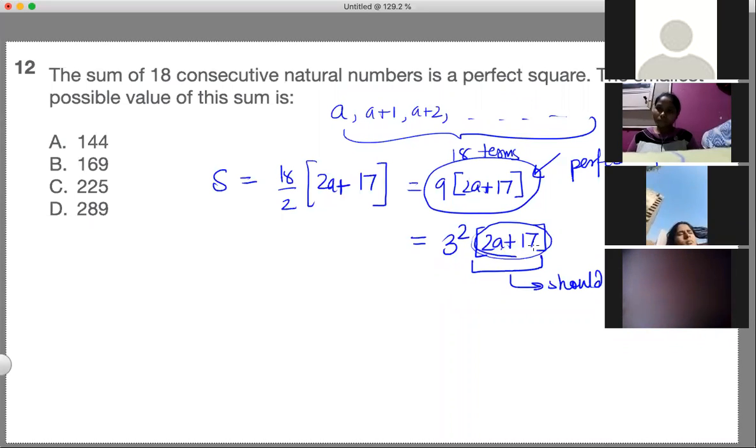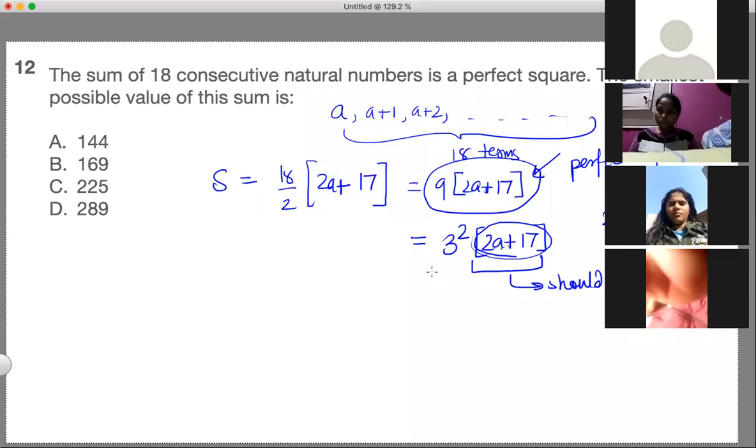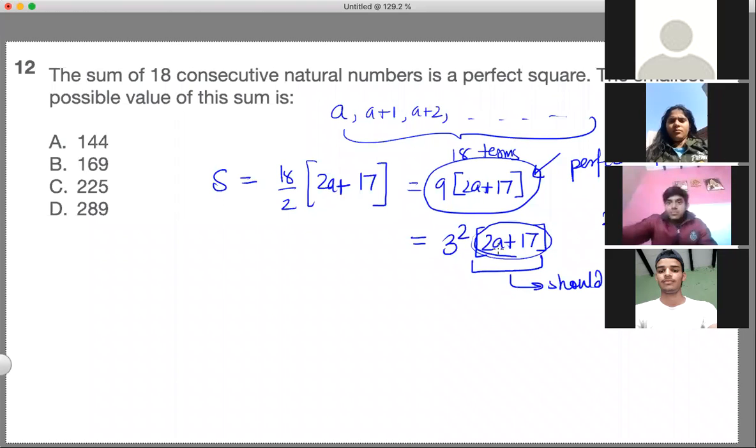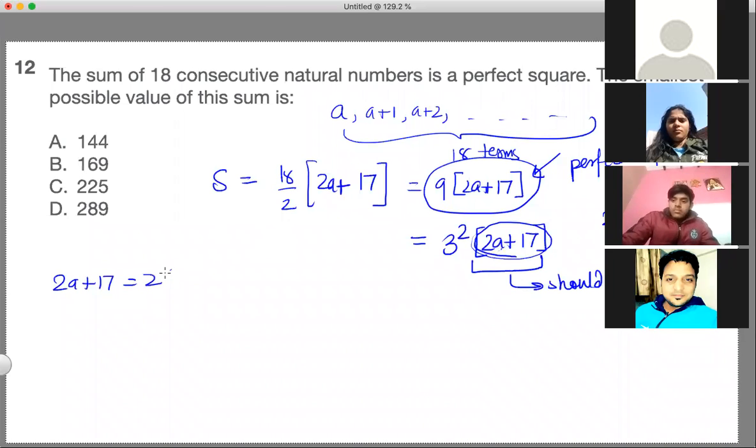Okay, 17 से बड़ा perfect square कौन सा होता है? कौन सा होता है 17 से बड़ा perfect square? सबसे पहला 25 होता है, और 25 बनाने के लिए a की क्या वैल्यू होनी चाहिए? करके देख लेते हैं. 2a plus 17 is equal to 25.